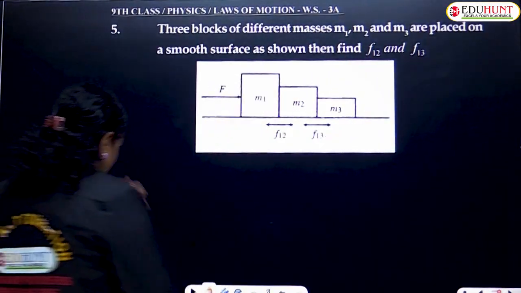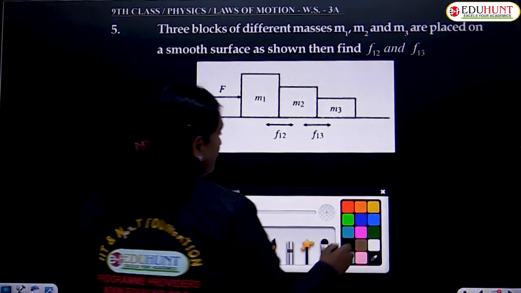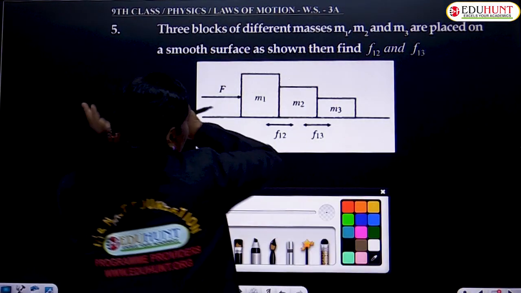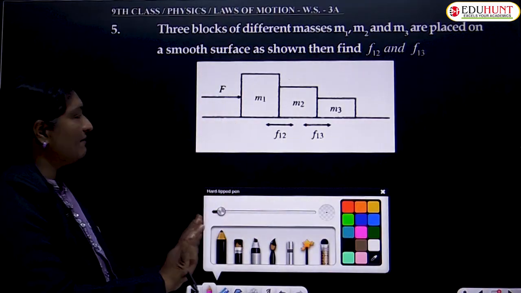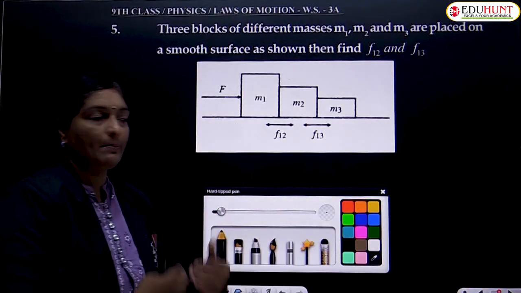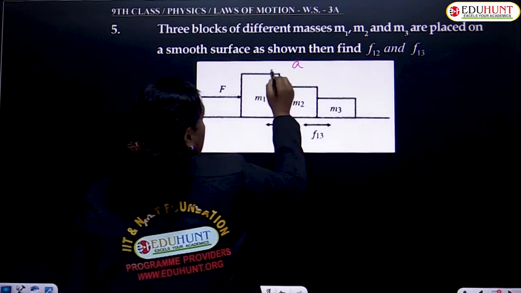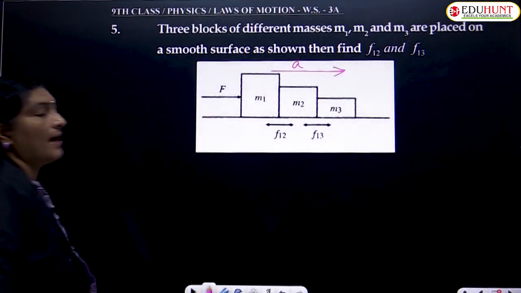Before solving, let us try to find the acceleration of the system. Clearly, as the force is applied from the left side, behind M1, all the bodies will be pushed to the right side. So, the acceleration of the complete system will be towards the right.